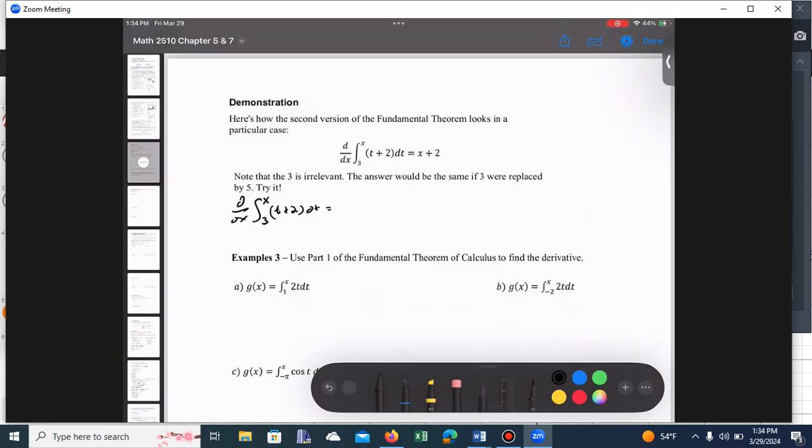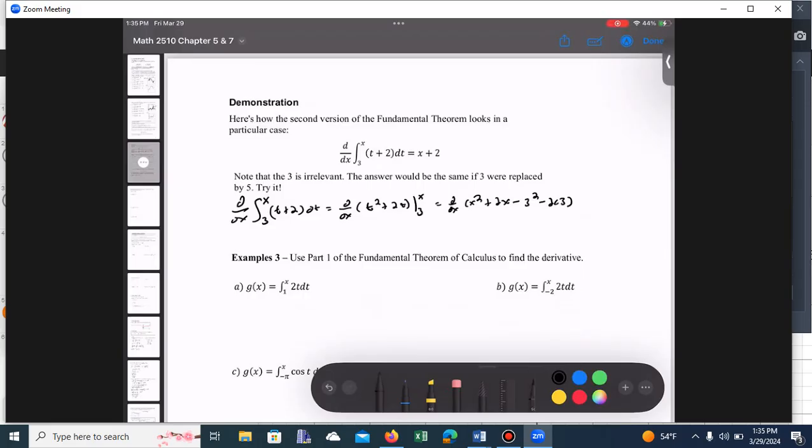And so we get d dx of t squared plus 2t evaluated from 3 to x, which is going to give us d dx of x squared plus 2x minus 3 squared minus 2 times 3.